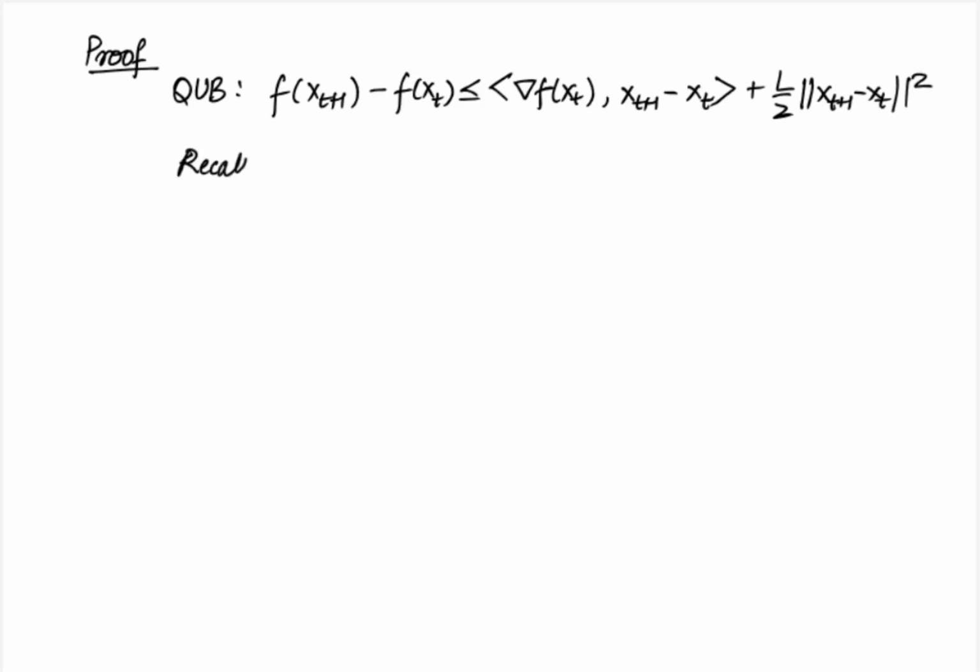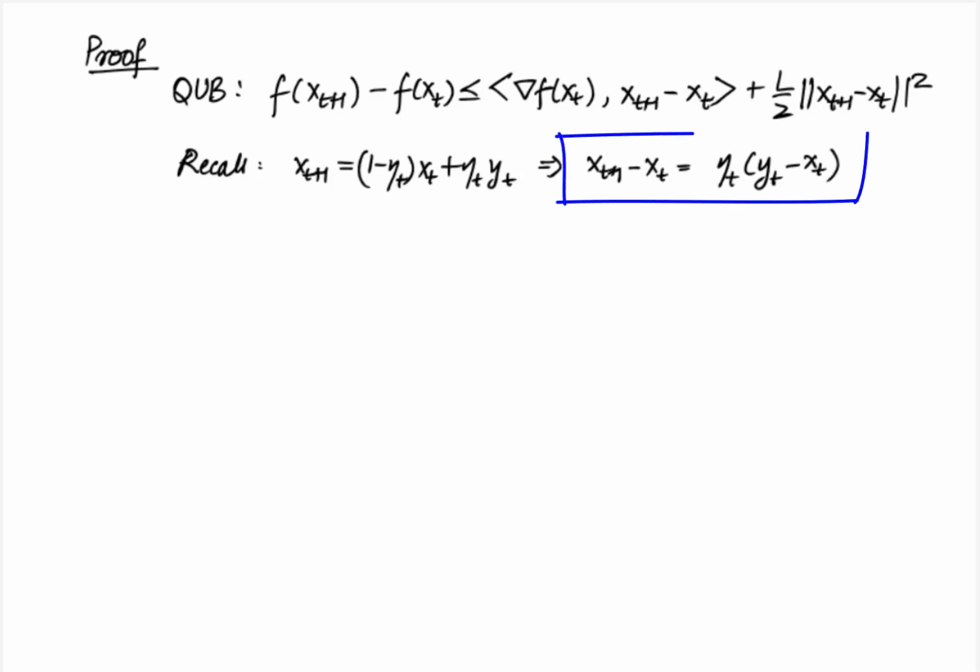Recall that the update equation was xt plus 1 equal to 1 minus eta t xt plus eta t yt, which can be rewritten as xt plus 1 minus xt equal to eta t into yt minus xt.